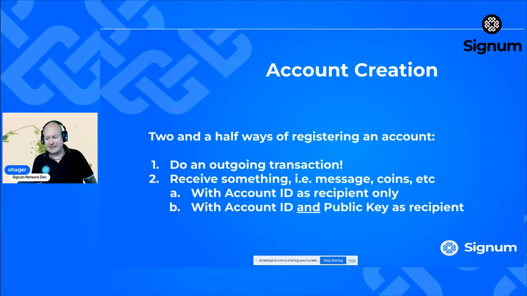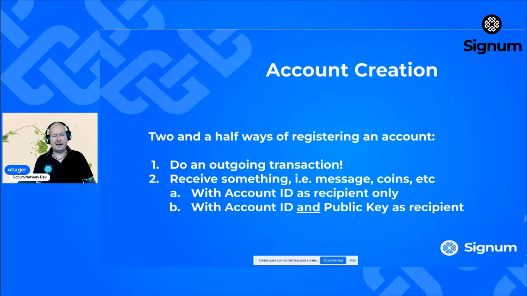And if we receive something from an outsider, saying, hey dude, send me one Signa because I just created an account, it's possible that he sent it to your account ID, but he hasn't attached the public key to that. That means your account ID is registered in the blockchain, but there is no so-called public key assignment yet. This is a problem. And the other way is that we have this all together.